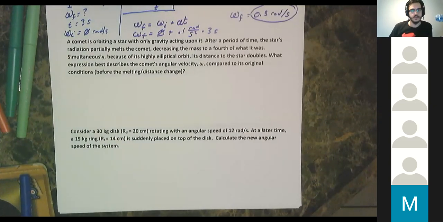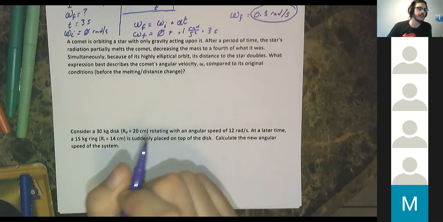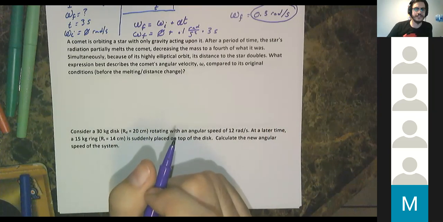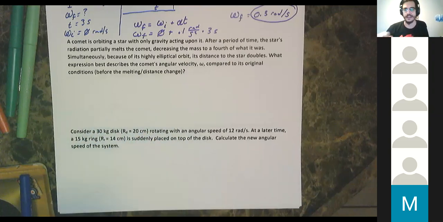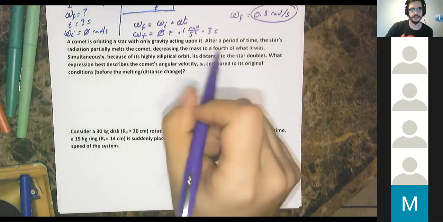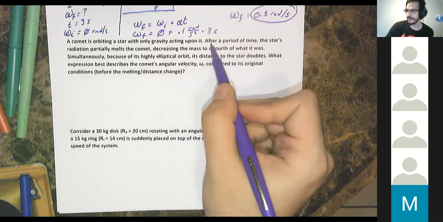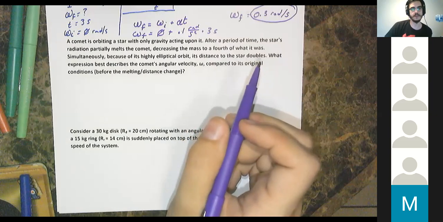A comet is orbiting a star with only gravity acting upon it. In the video for you guys this week, I was talking about comets, how they're dirty snowballs in the outer solar system and they get pitched at the star by usually interacting with a giant planet. After a period of time, the star's radiation partially melts the comet.